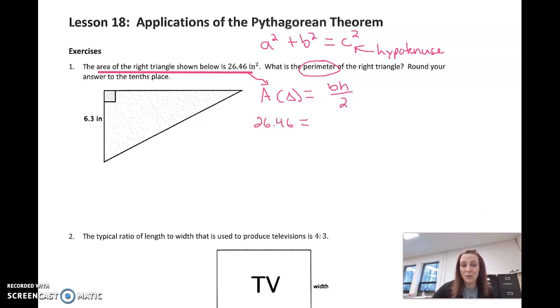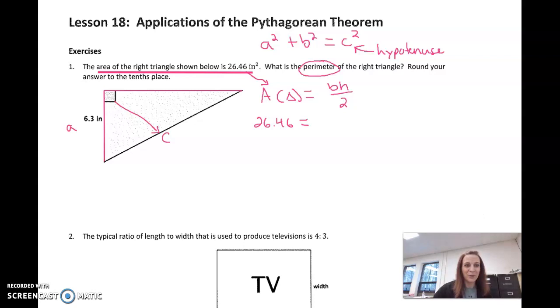26.46 equals, well, remember when we're looking for a missing side length, the longest side across from the right angle is c. The two sides that make up the right angle are the legs, a and b, but they're also the base and the height.